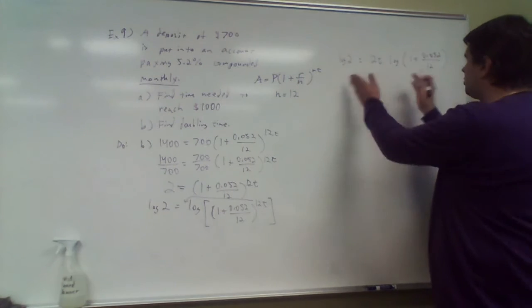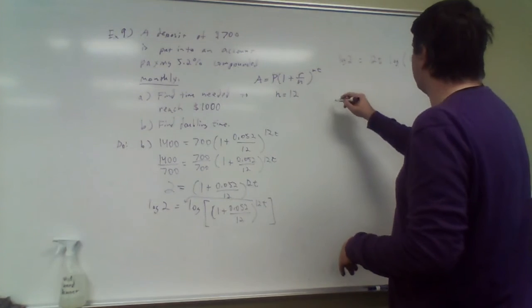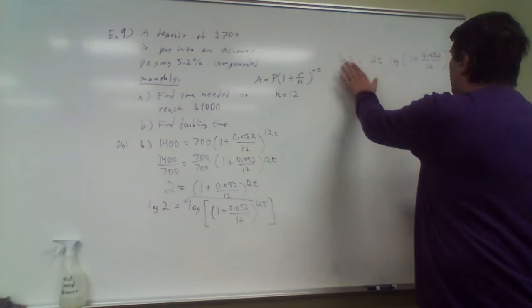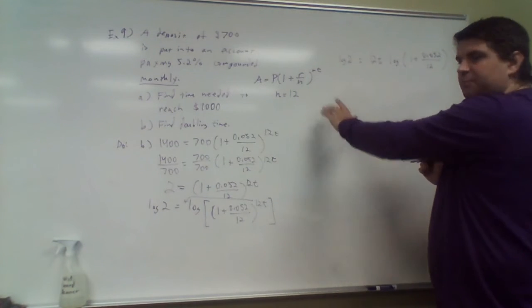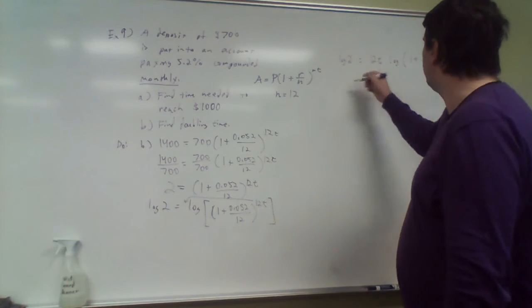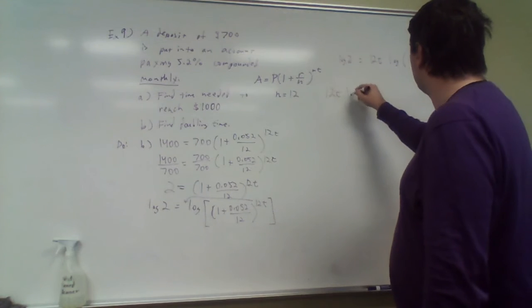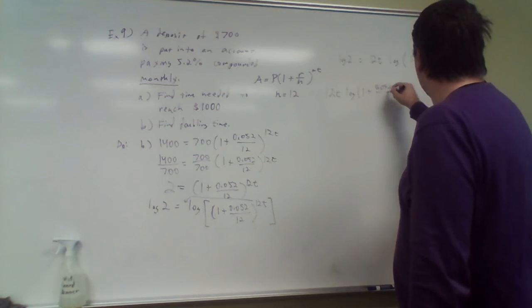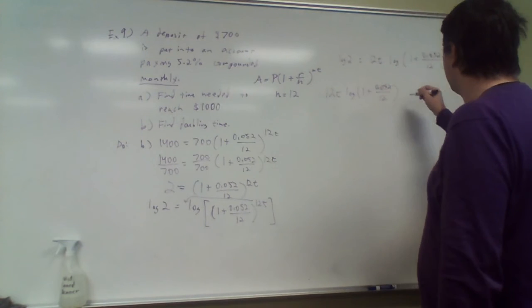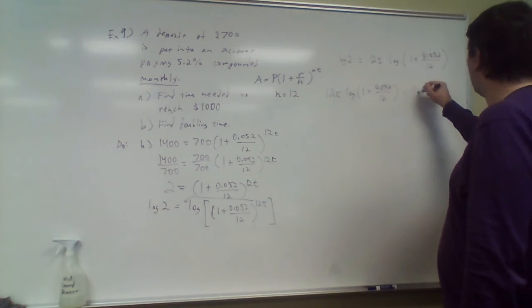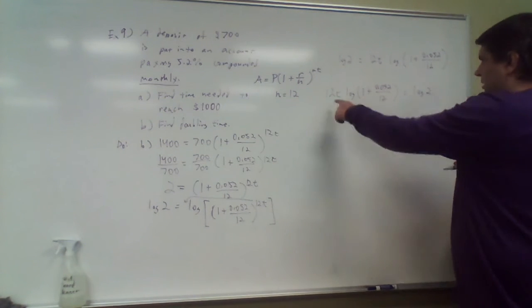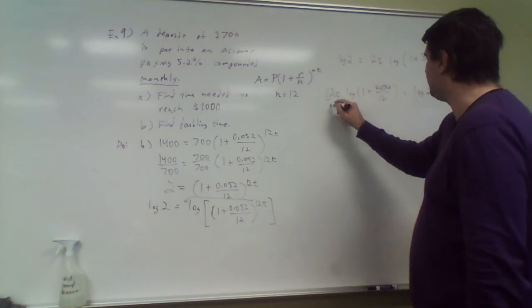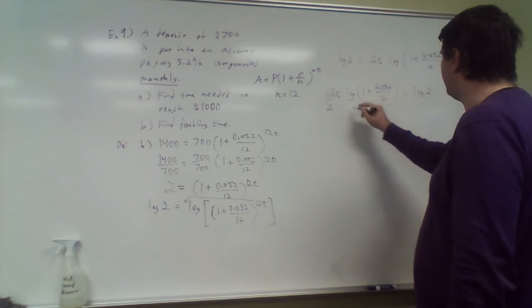And I'm going to go ahead and switch the sides so that you're more familiar with that based on previous experience with algebra. So I'm going to move 12t log of 1 plus 0.052 over 12 equals log of 2. And then I'm going to divide off the 12 to isolate the t. I'm also going to divide off this part.